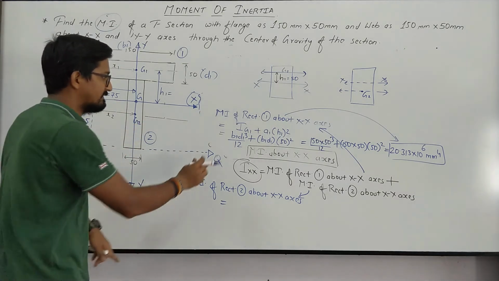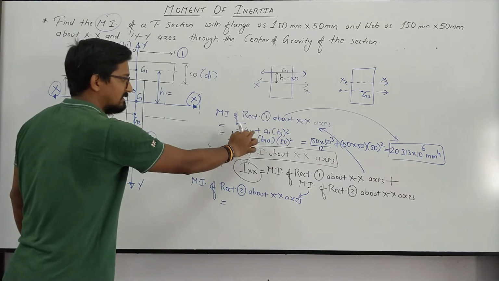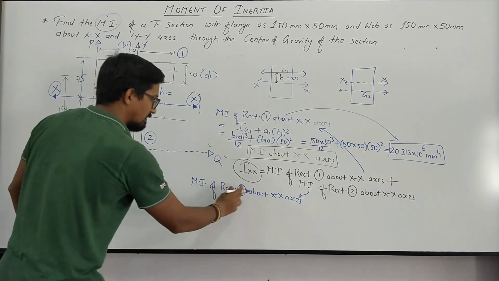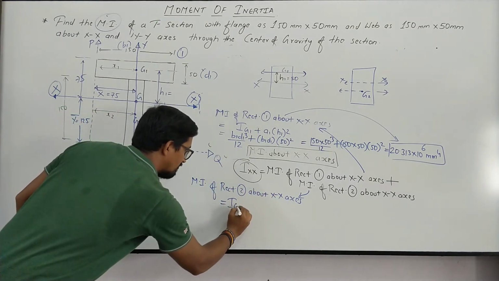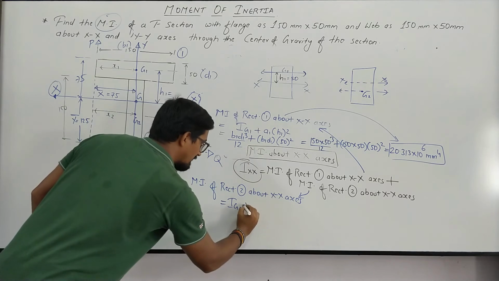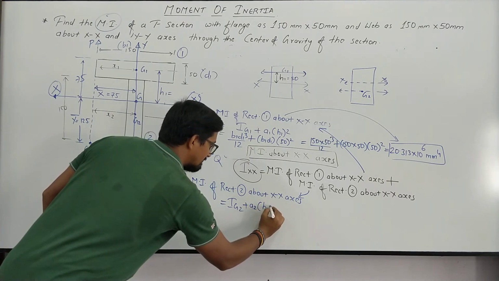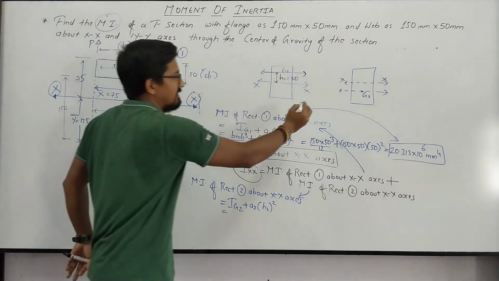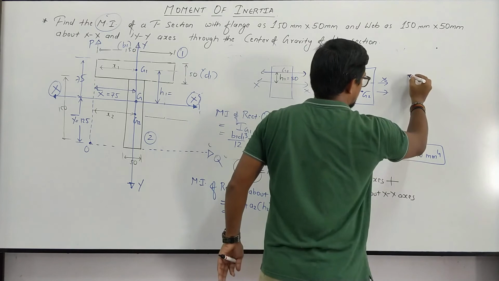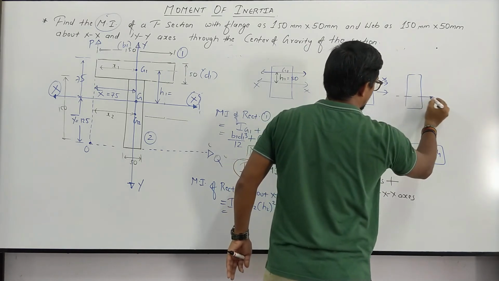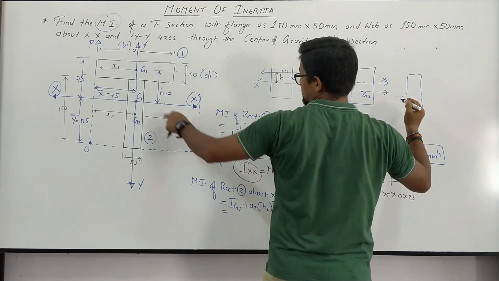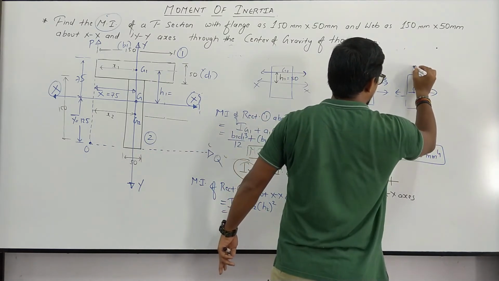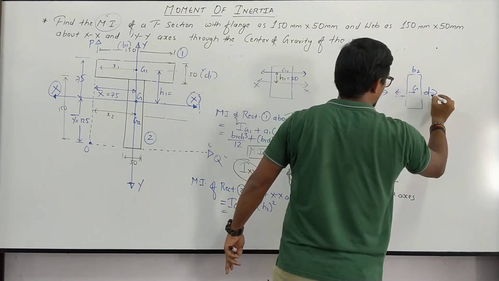So we can solve it on similar lines. We have to use the parallel axis theorem. Again I have to use the parallel axis theorem. So about x it will be Ig2 plus A2 into h2 square. Now what is Ig2? Suppose this is the rectangle web and this is G. This is b2 and this is d2.